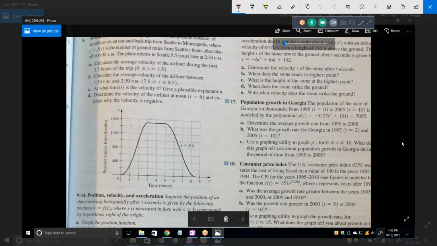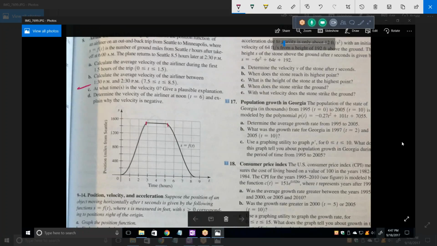Okay, so let's look at C. At what time is the velocity 0? From 3 to 5, approximately. From this point here to that point there on the x-axis, since they said what times is the velocity 0. And notice that that's it.